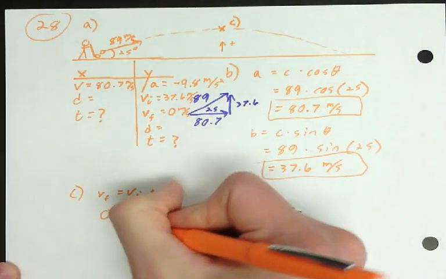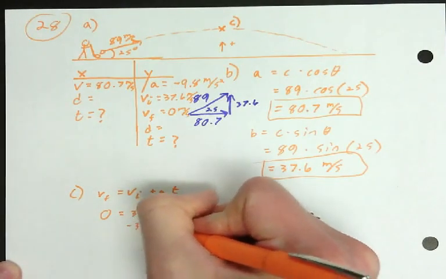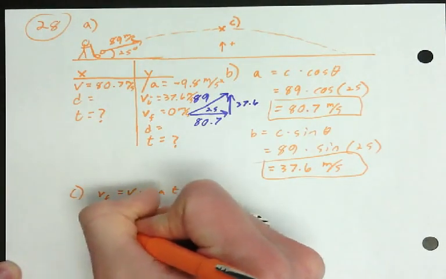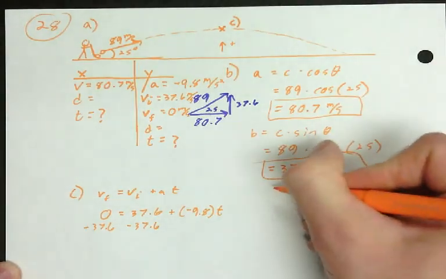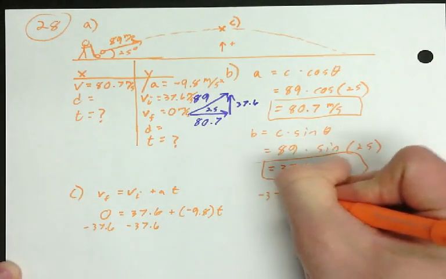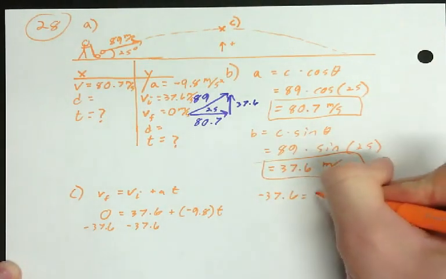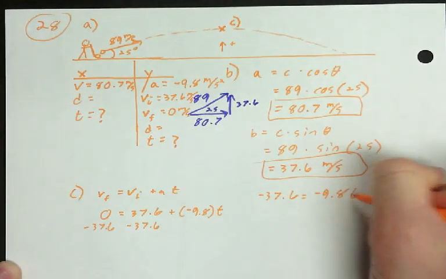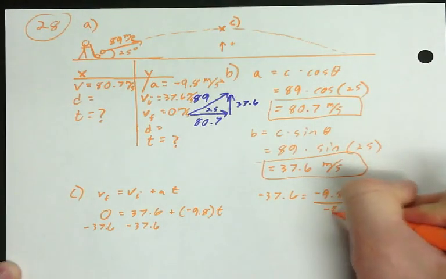To solve this, I'm going to subtract 37.6 from both sides. That gives me negative 37.6 equals negative 9.8t. I'm going to divide by negative 9.8 on both sides.